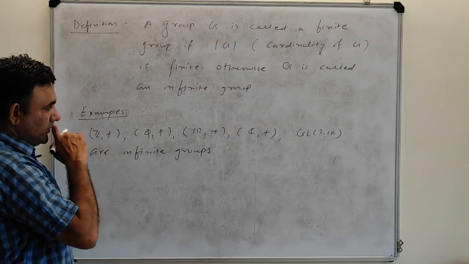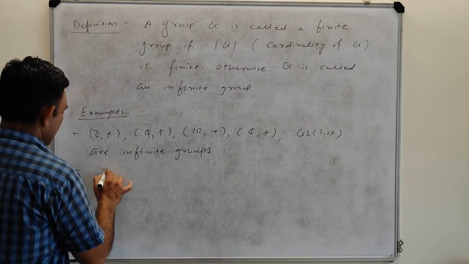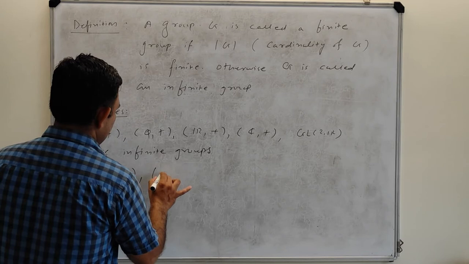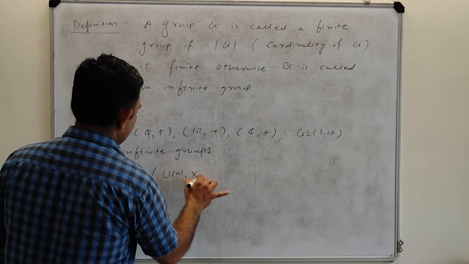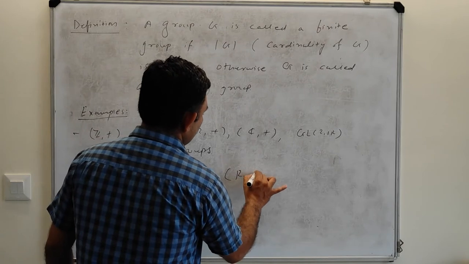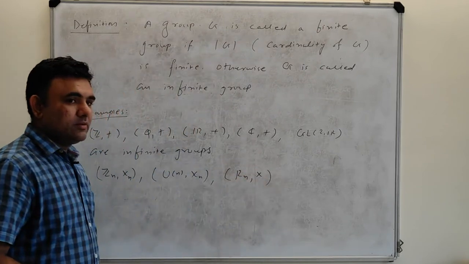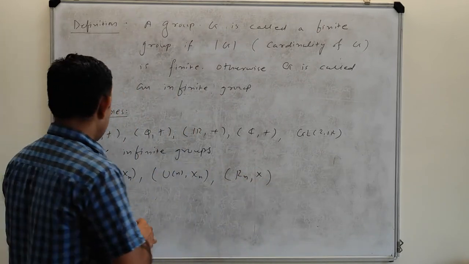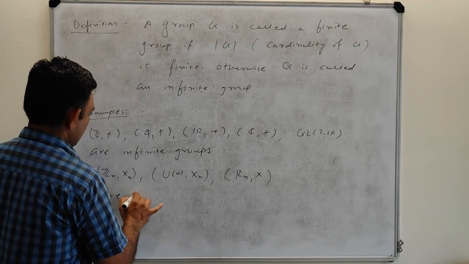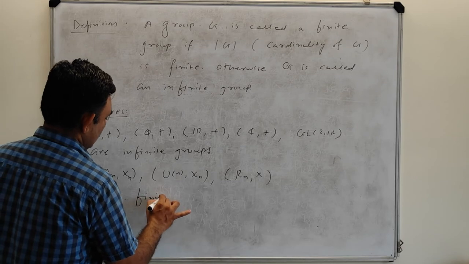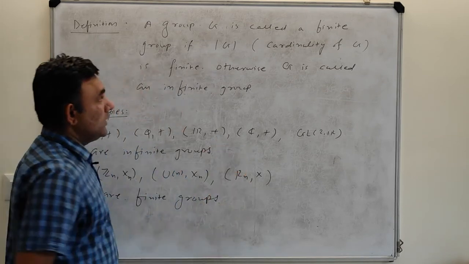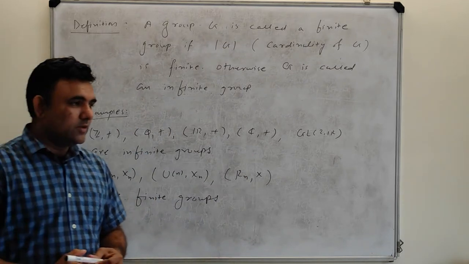Now let us see some examples of finite groups. See, Zn with multiplication modulo n, then Un with multiplication modulo n, then the nth roots of unity with usual multiplication. All these are finite groups.